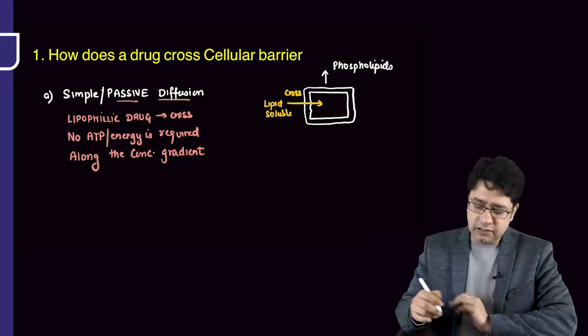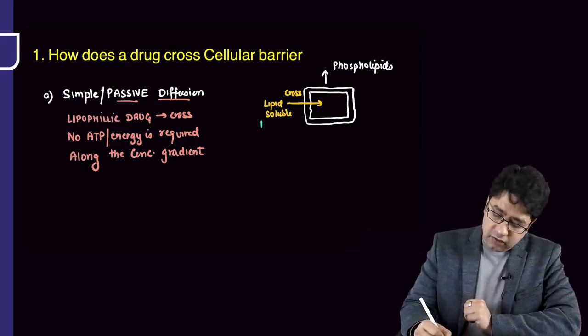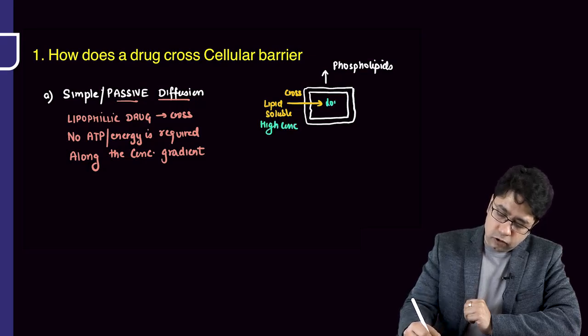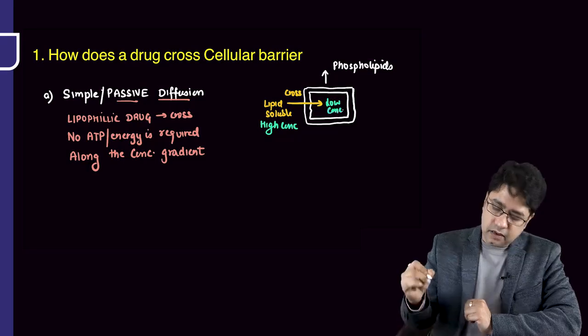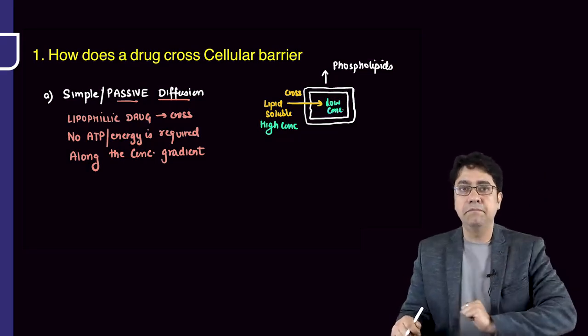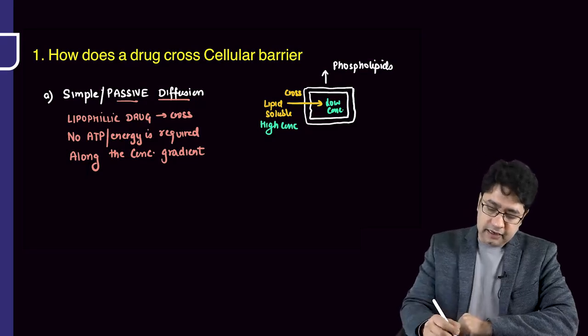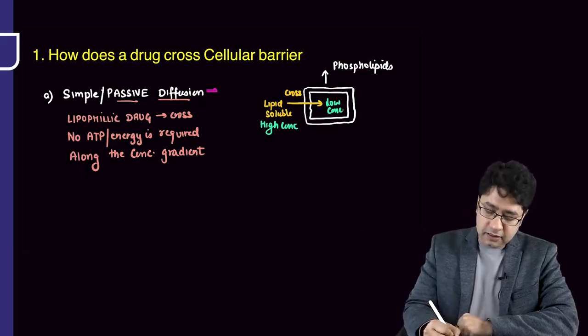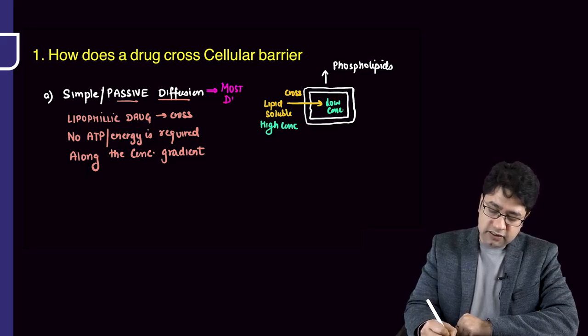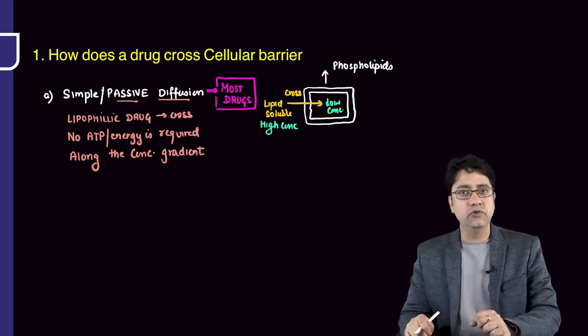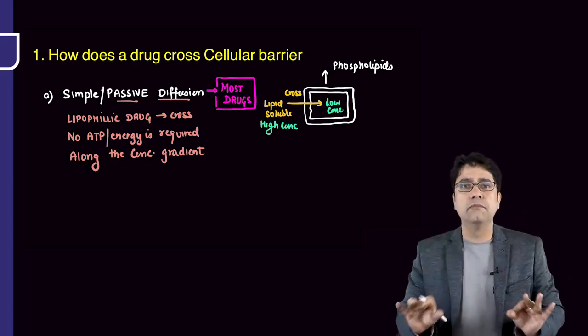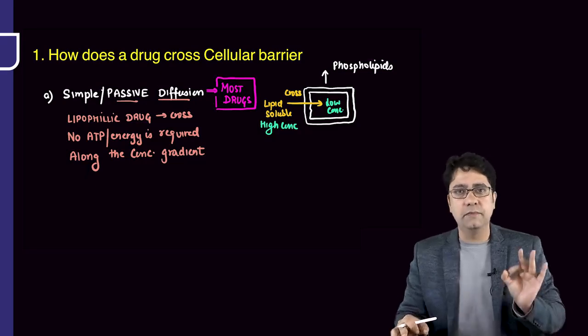Along the concentration gradient means a drug will always move from high concentration to low concentration. And this simple and passive diffusion is the most common method by which most of the drugs cross a cell membrane. So most drugs follow simple or passive diffusion. So this is the most common method of crossing a cellular barrier.